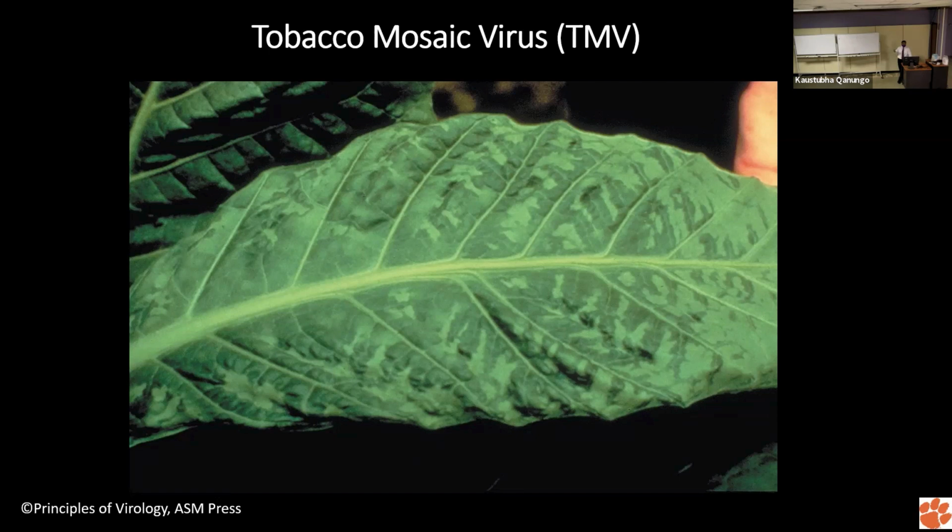So at that time, there was a scientist, his name is Adolf Mayer, at Wageningen University in the Netherlands. It's an agriculture university, it still exists, very famous. He termed this tobacco mosaic, but he did not discover the virus. He just coined the term tobacco mosaic.